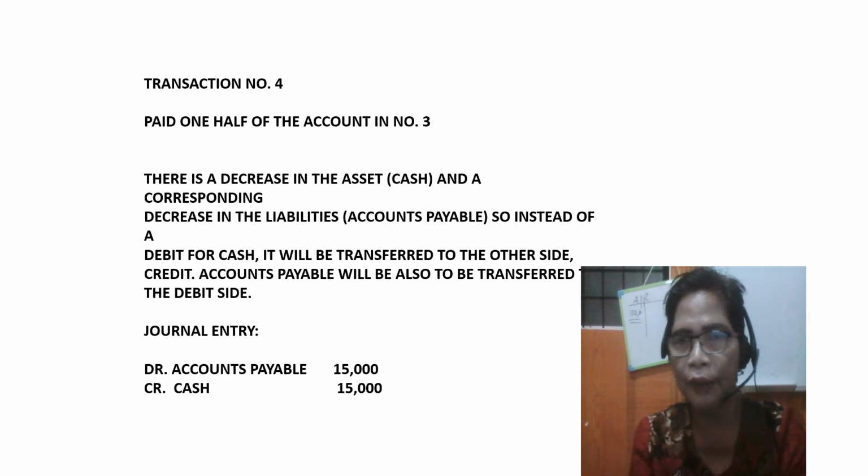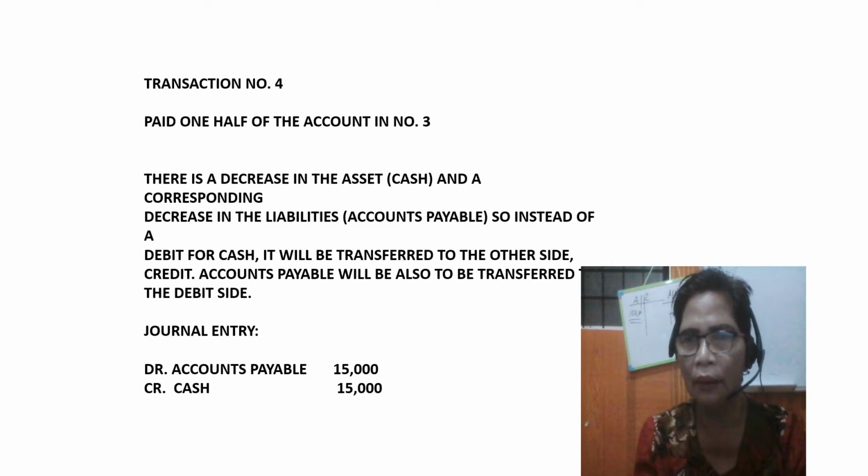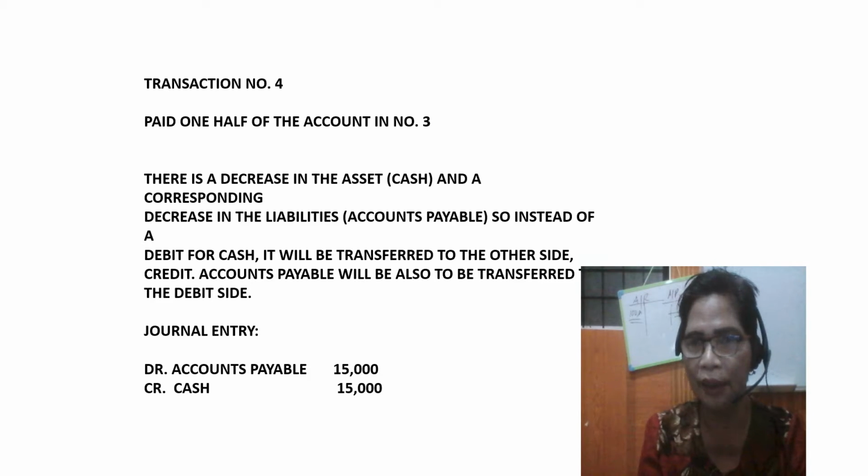For our fourth transaction, this is related to transaction number three. We paid one half of the account. So there is a decrease in the asset because we use cash for the payment, and there is also a decrease in the liabilities because of the settlement. So there is a decrease in cash and a decrease also in the liabilities.